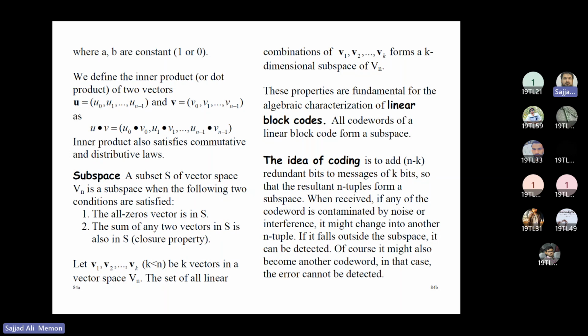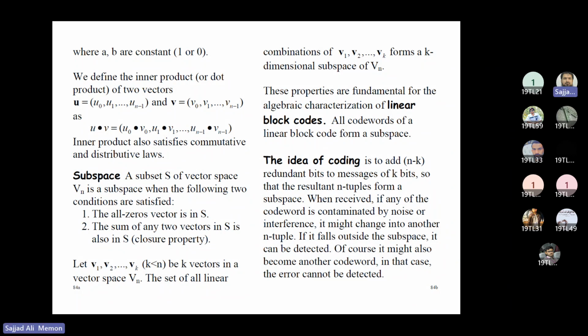So those 8 vectors form a subspace, and we already know their combinations are 000, 001, 010, 011, 100, 101, 110, and 111.